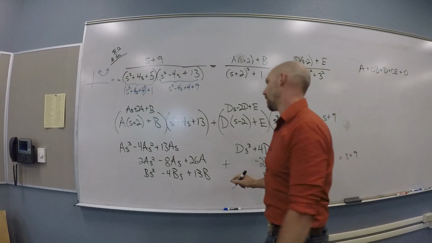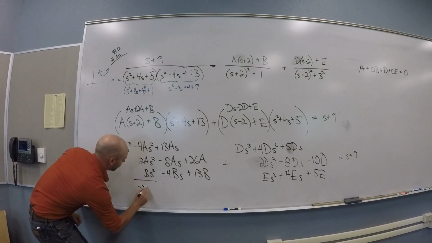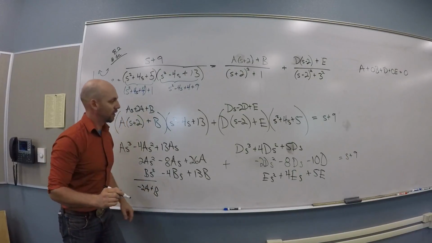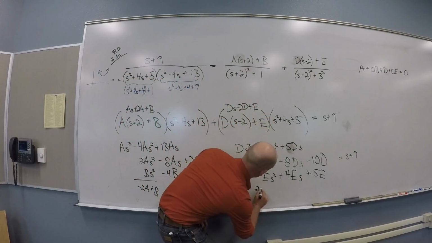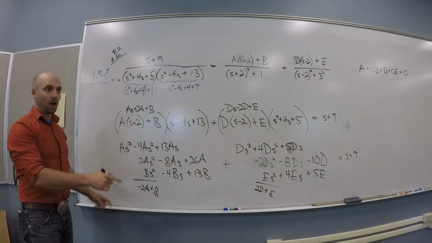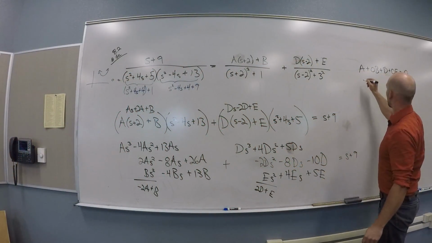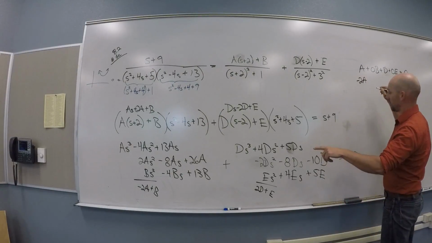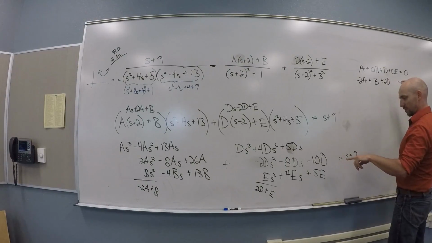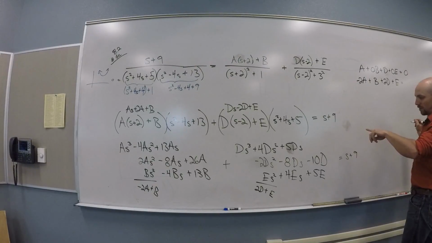You see that? So this one is minus 2A plus B, and this one is 2D plus E. And then I'm dropping the s squareds, right? So I have minus 2A plus B plus 2D plus E is, how many s squareds do you got on the other side? 0.